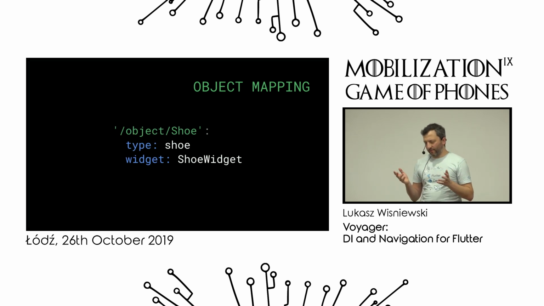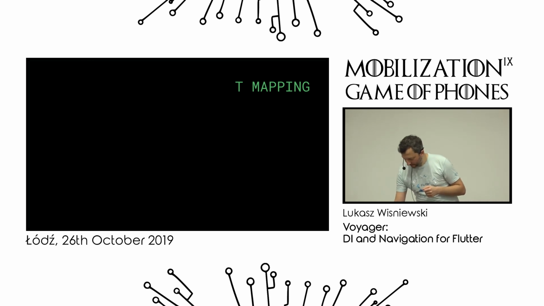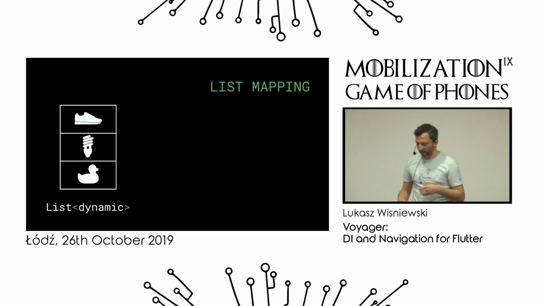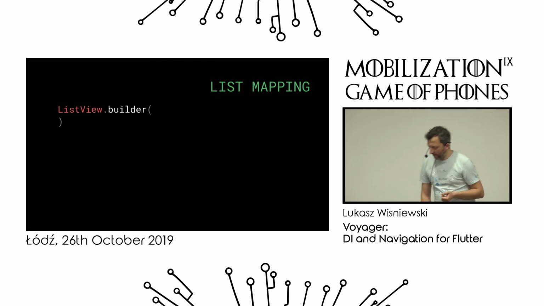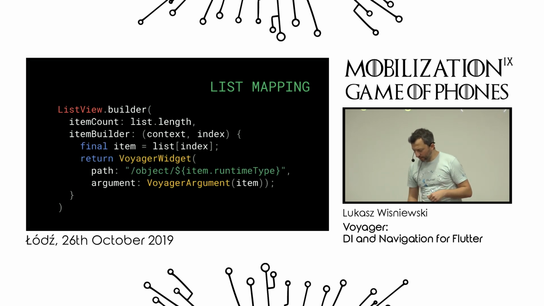But we shouldn't stop there. We can map any class to any widget. And if we do this, maybe let's have a list of different items and automatically map it to a list of different widgets. Here's how you could implement it using Flutter and Voyager. So we start by supplying the item length, and then we supply a builder for each item.